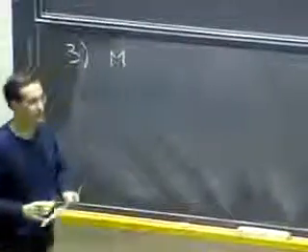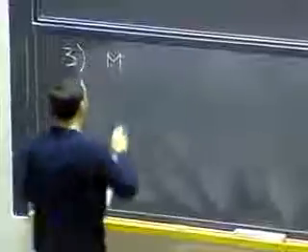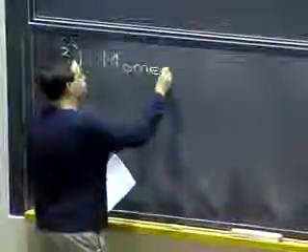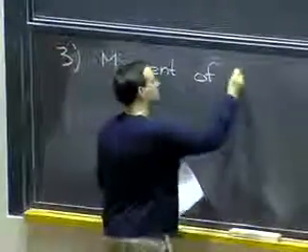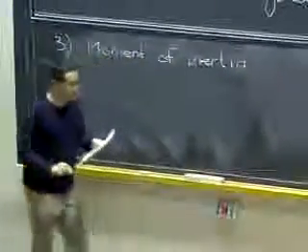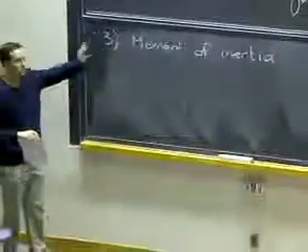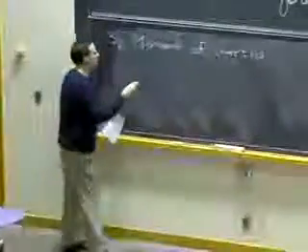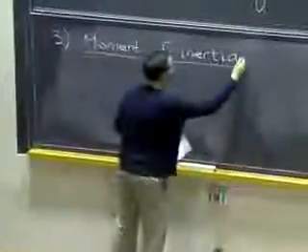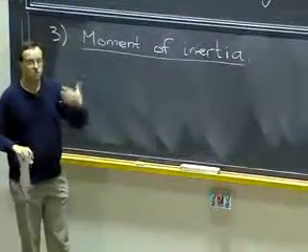So we're basically re-exploring the mechanics and motion of solids here. The next thing is moment of inertia. Just to remind you, or in case you somehow haven't seen it in physics yet, the moment of inertia is basically to rotation of a solid what the mass is to translation.